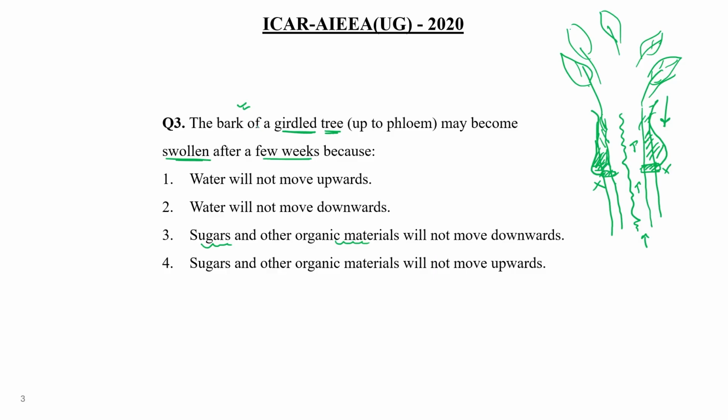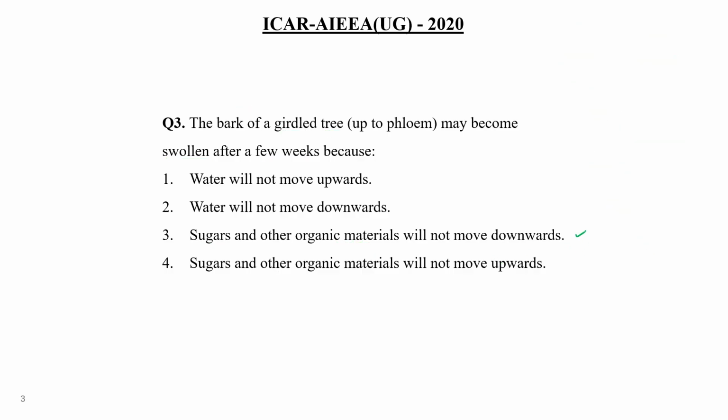So if we remove the bark or outer covering of the stem, it may become swollen just like this after a few weeks, because sugar and other organic material will not move downward. It also proves that phloem is present on the outer side, while xylem is present on the inside of the stem, right? So the correct answer would be choice number 3.